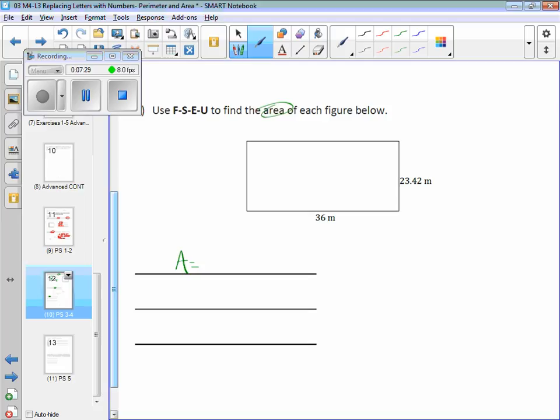No. Look back and find the area of the rectangle. Okay, let's do it. What's the length? And what's the width?